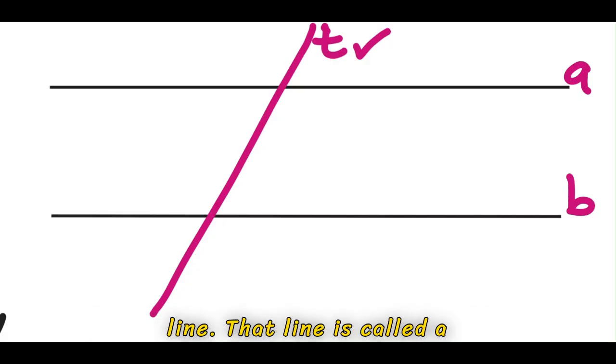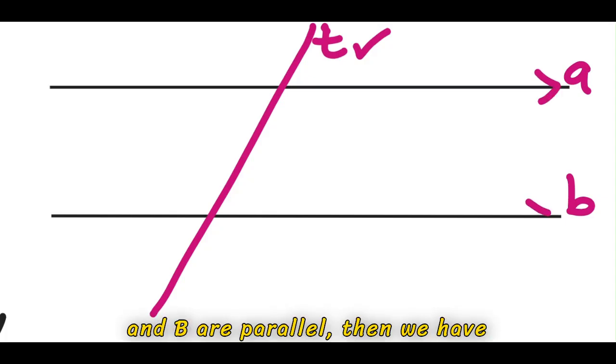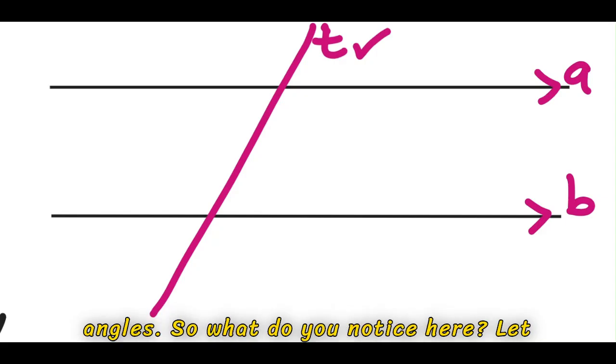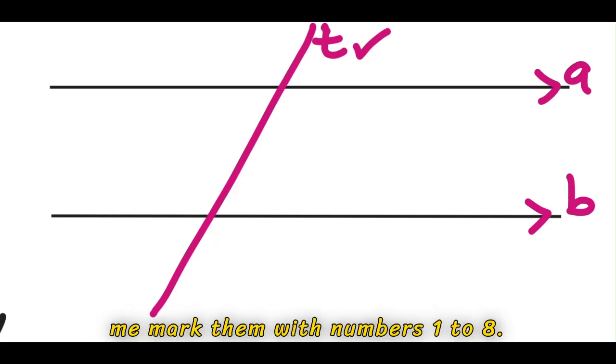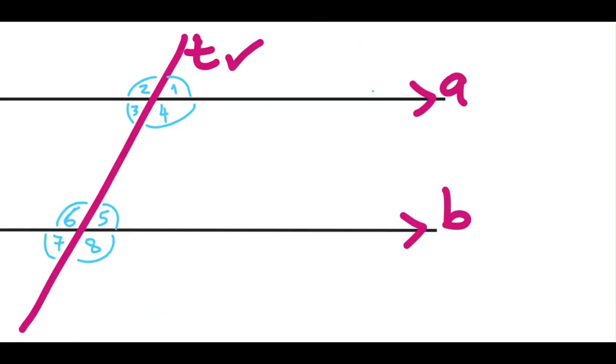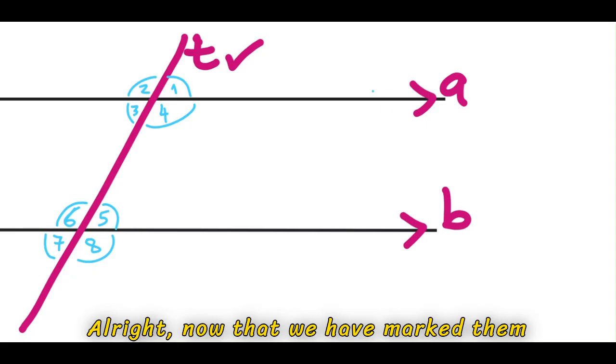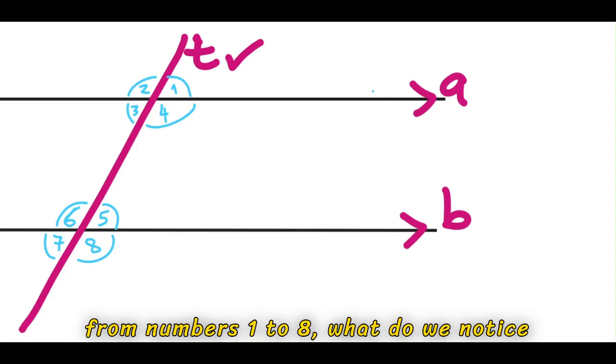That line is called a transversal. Now, if lines A and B are parallel, then we have some different relationships between angles. Let me mark them with numbers 1 to 8. Alright, now that we have marked them from 1 to 8, what do we notice here?